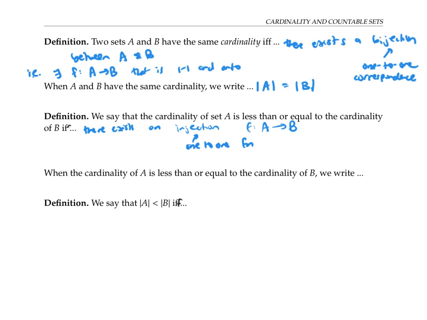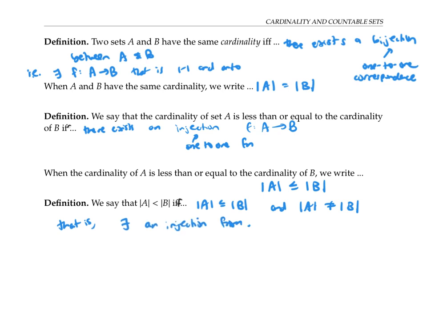When the cardinality of A is less than or equal to the cardinality of B, we write cardinality of A less than or equal to cardinality of B, and we write the cardinality of A is strictly less than B if the cardinality of A is less than or equal to B and the cardinality of A is not equal to the cardinality of B. That is, there exists an injection from A to B, but there does not exist a bijection from A to B.